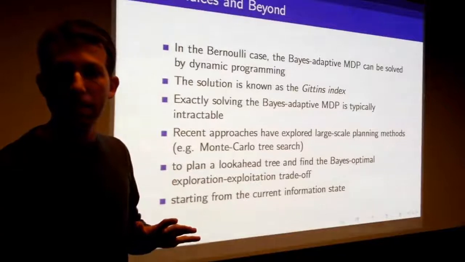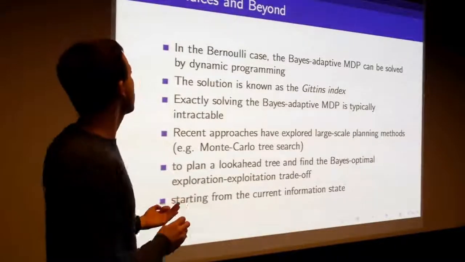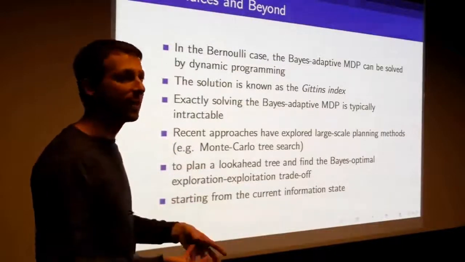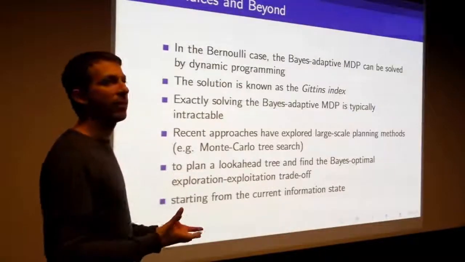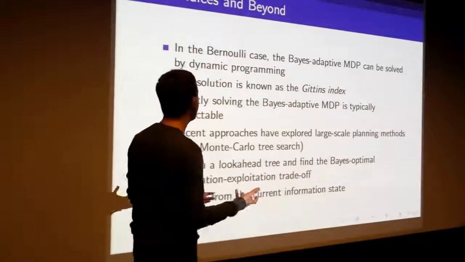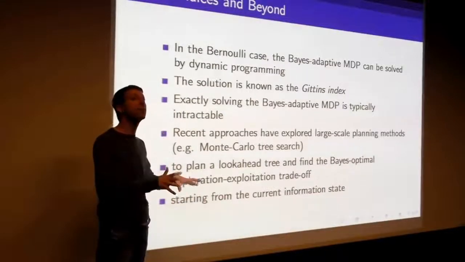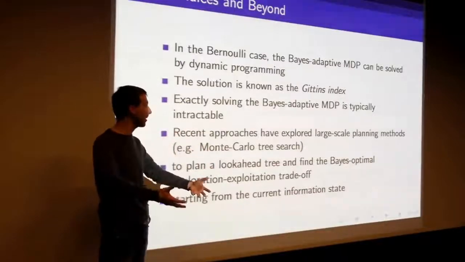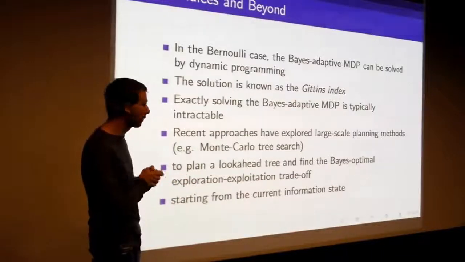Okay. So the exact solution to this problem can be computed by dynamic programming. It's known as the Gittins index. But it's also possible to find this in a more tractable way. For example, we use Monte Carlo tree search to come up with a very tractable approach to this very large information state space search, and that works very well in a lot of exploration exploitation trade-off problems.